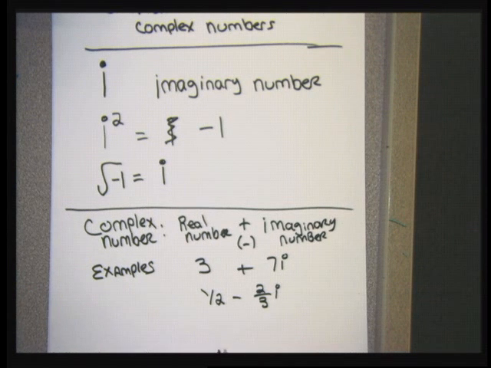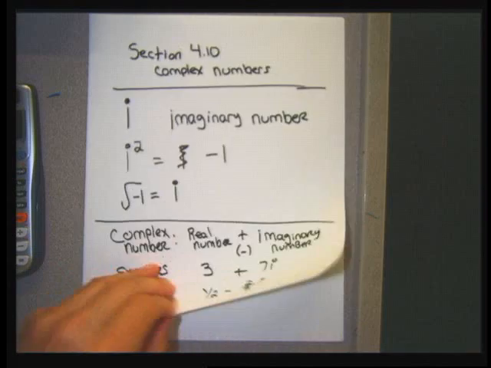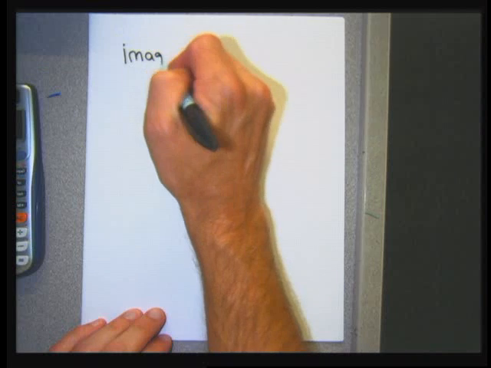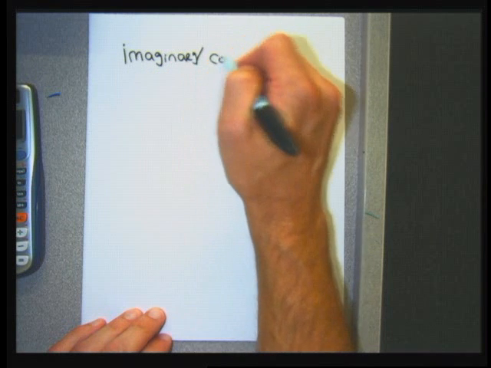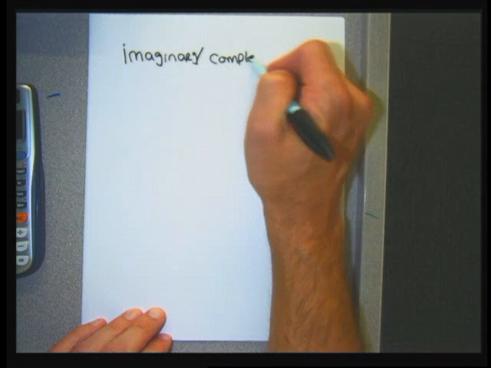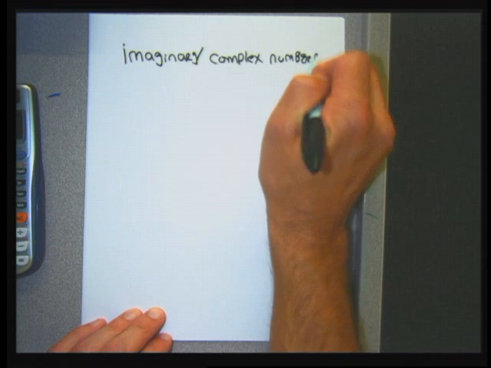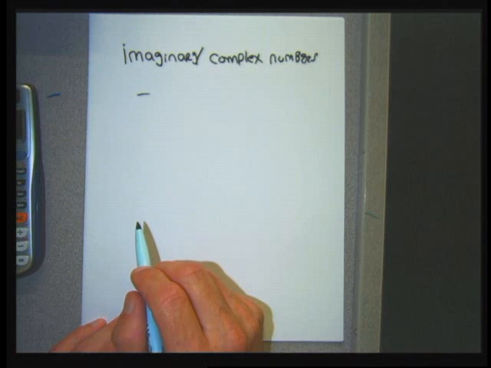We won't do anything interesting with complex numbers or imaginary numbers other than some really basic algebra, because anything that's interesting is well beyond the scope of the class. But complex numbers are used a lot by engineers and scientists.